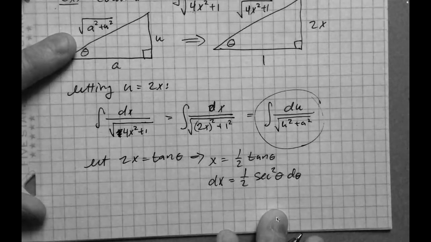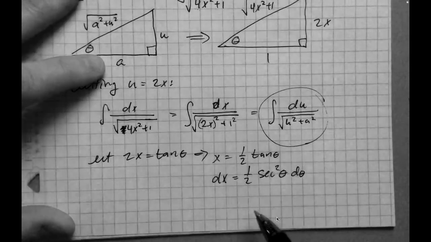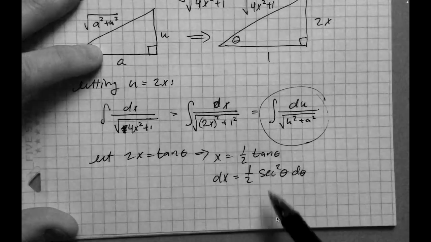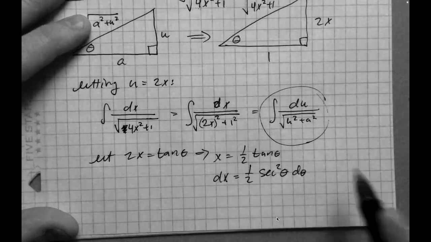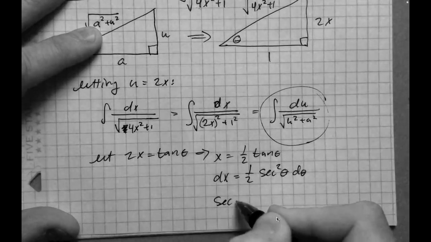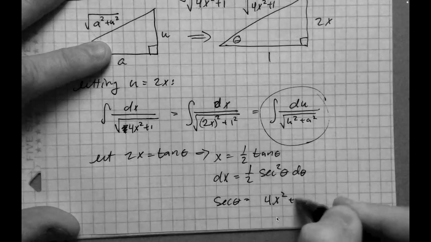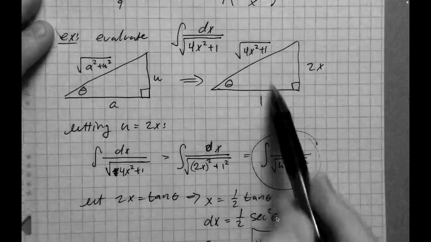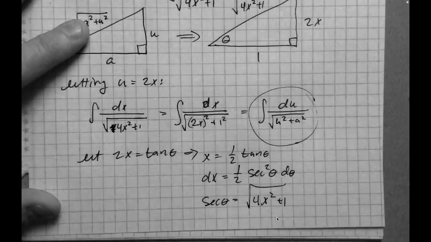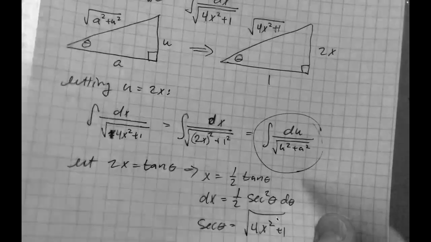And then the secant theta, what is secant theta? Secant is 1 over cosine, right? So that means secant of theta is going to be equal to the square root of 4x squared plus 1. Just referencing this table for all of these pieces, I think we now have all the pieces that we need to do the substitution.